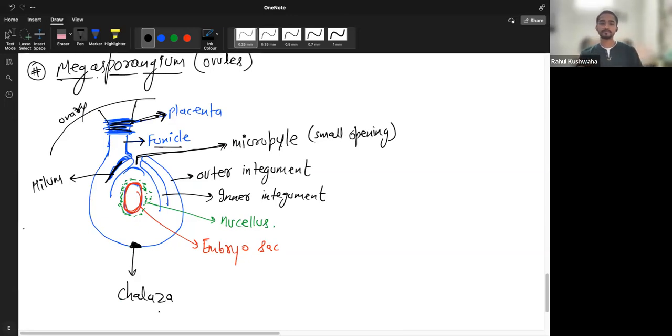You know, I used to read it chalaja, I don't know for what reason. So the chalazal end is the basal part of the ovule. From the chalazal end, pollen tubes cannot enter. They have to enter through the micropylar end. Okay.